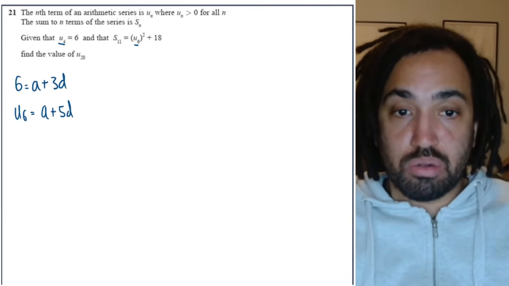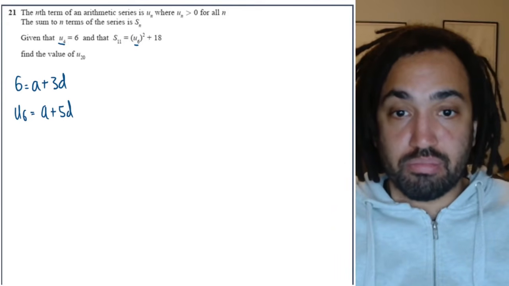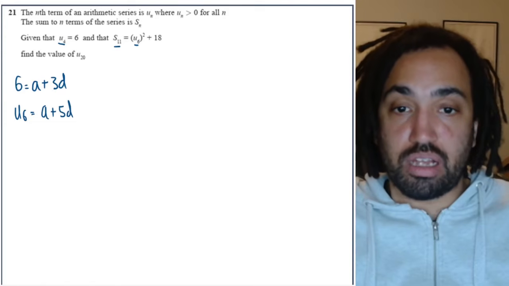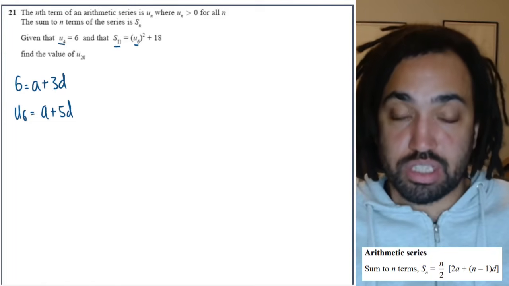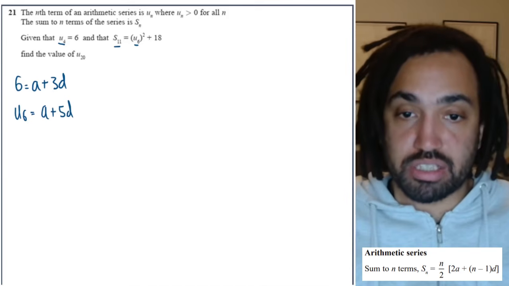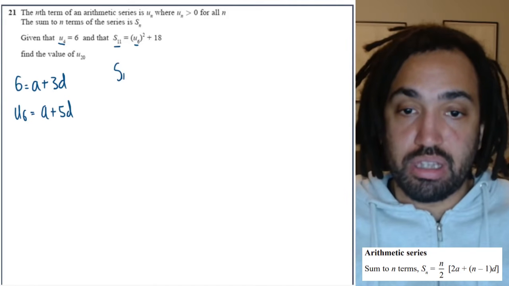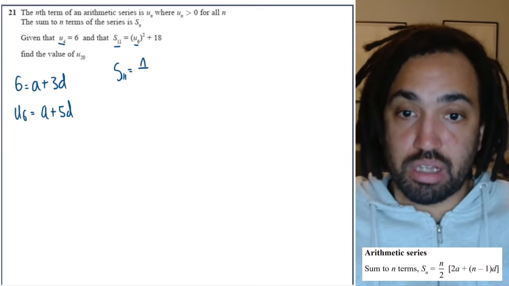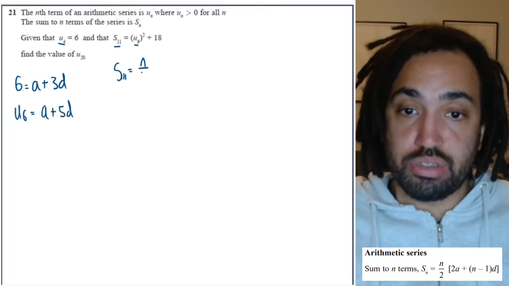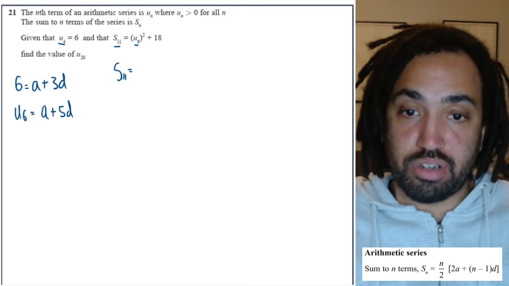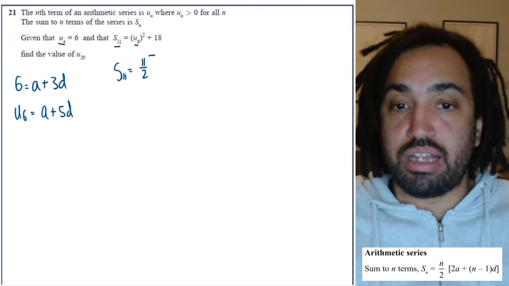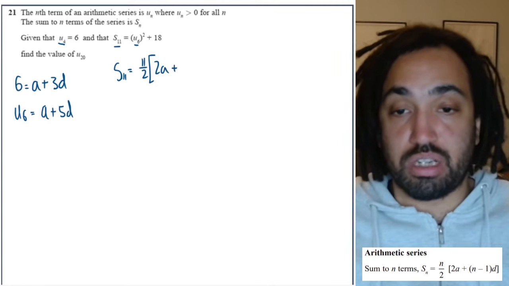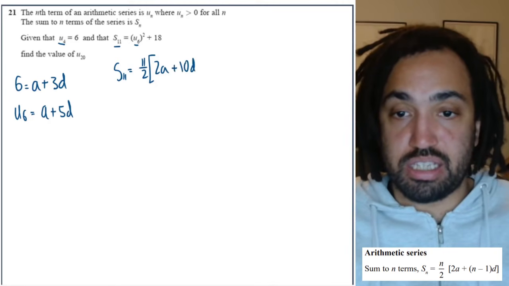And we've also been told here that we're looking for the sum of the 11th term, so up to the 11th term. Okay, so the sum to 11 is equal to n over 2, so n is 11 of course, so 11 over 2, and then 2 times the first term plus n minus 1, which is 10d.